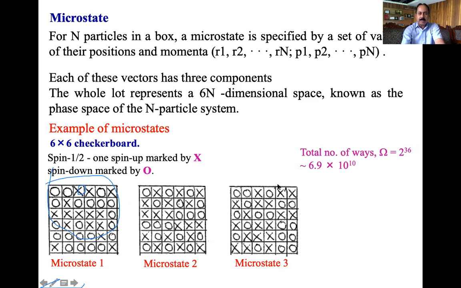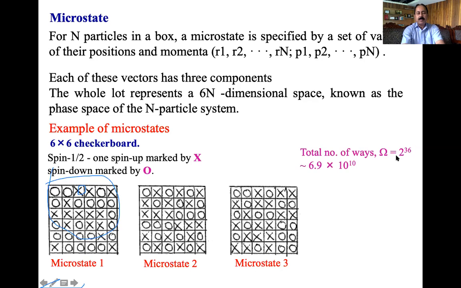Now the question comes: how many ways can we arrange this checkerboard, which contains 36 cells? I mean, somewhere we put spin up, somewhere we put spin down. How many ways can we draw this checkerboard?